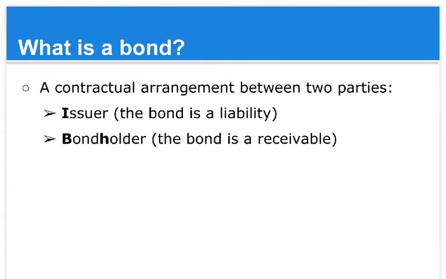The issuer issues the bond to the bondholder, the other party. And for the bondholder, this bond is going to be a receivable. So to picture this transaction, we have the issuer over here, and we have the bondholder here.